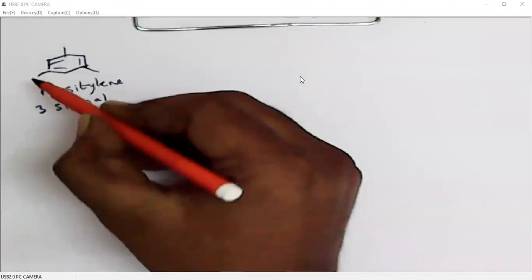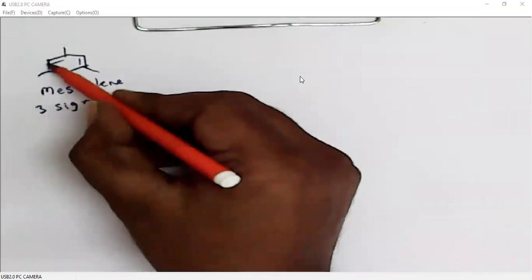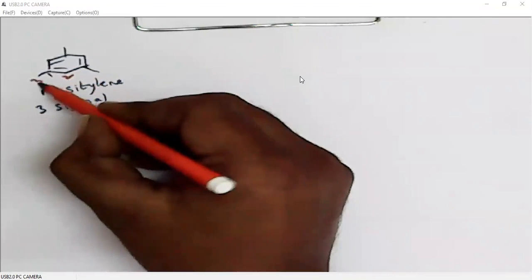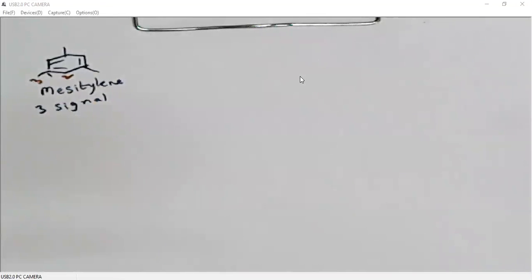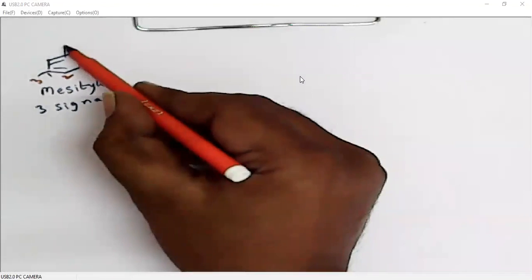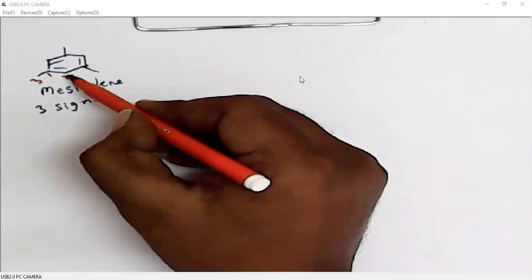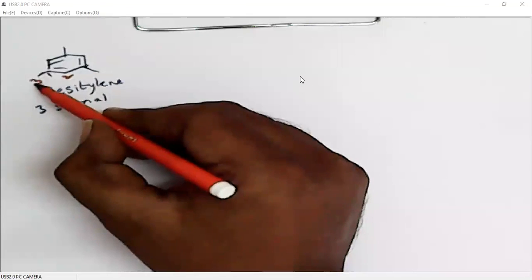It gives one signal for this, one signal for this, and one signal for the methyl group. Now we will try to calculate. For example, take this as C1, C2, and C3.